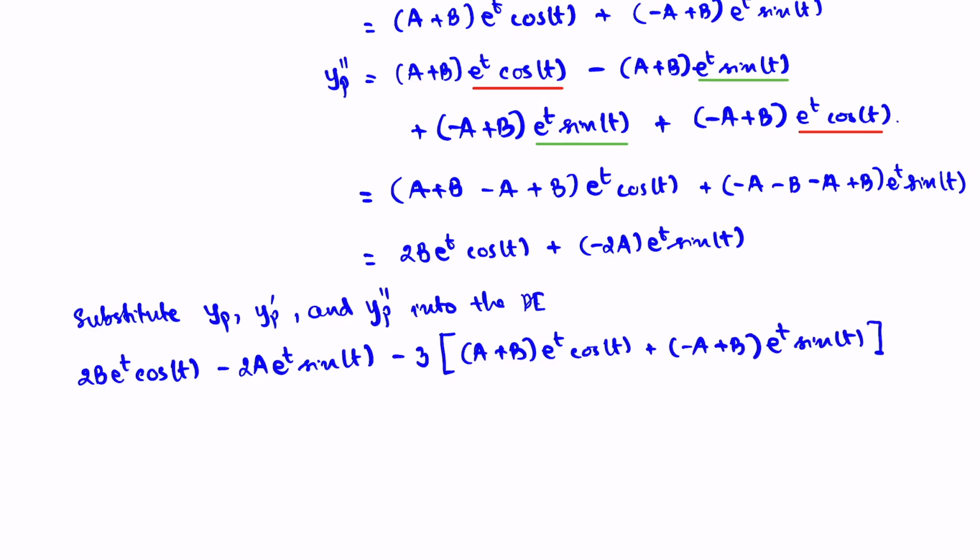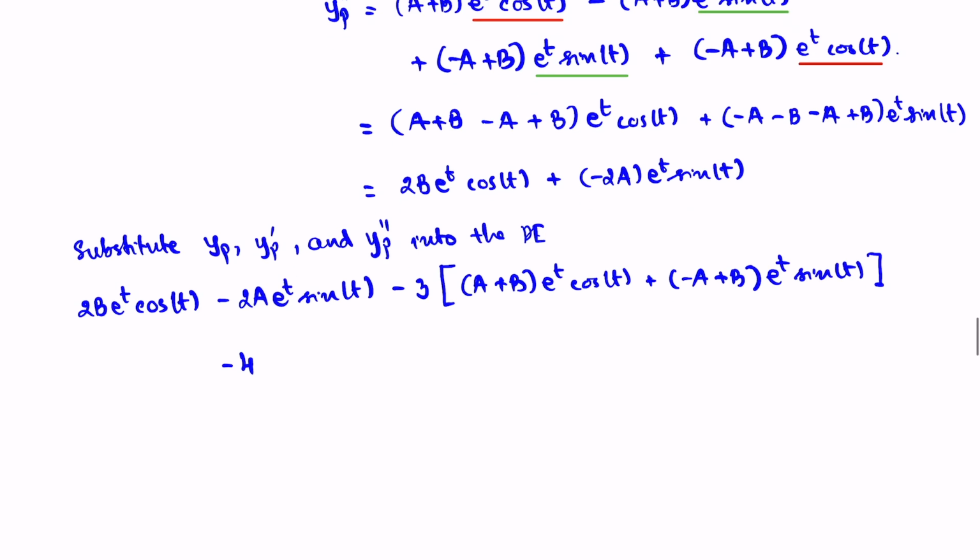Then you subtract 4 times y, so 4 times a times e to the t times cosine of t plus b times e to the t times sine of t, equal to the right hand side, which is negative 8 times e to the t times cosine of t.